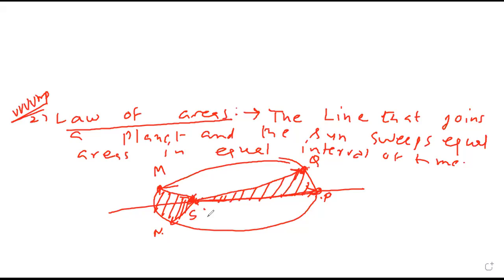Below that, just draw this diagram for your understanding purpose. Line that joins a planet and sun sweeps equal areas in equal interval of time.